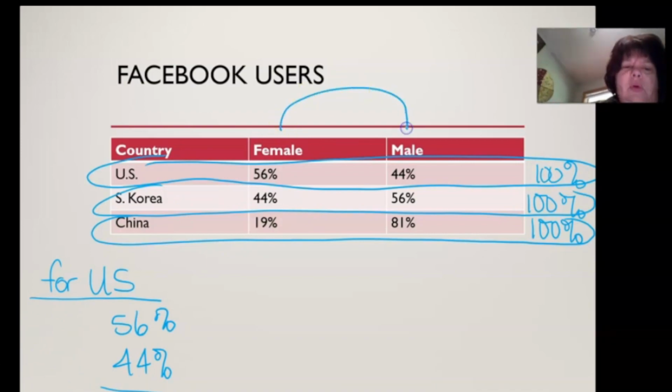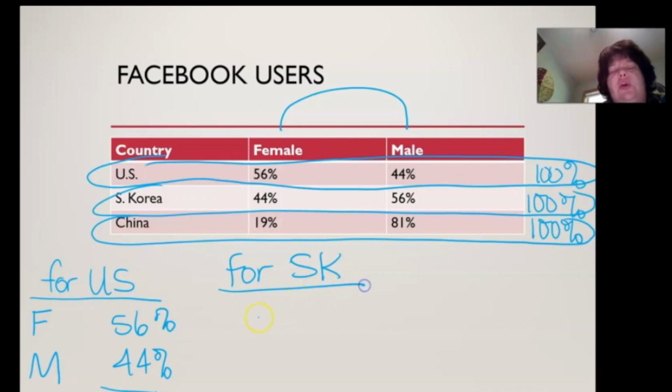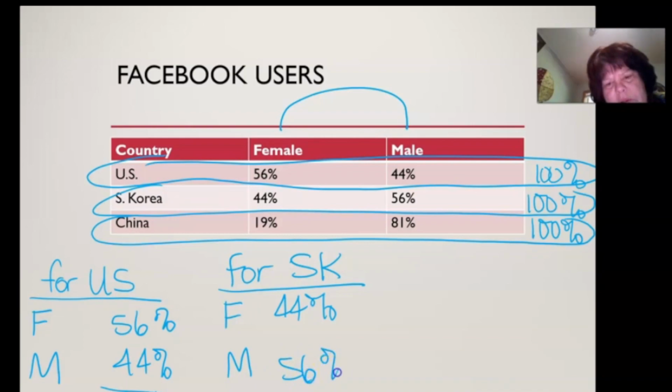See these 2 groups here? That's who I'm comparing. All right, so this is 100. For South Korea, and this is old data, so I'm not sure.